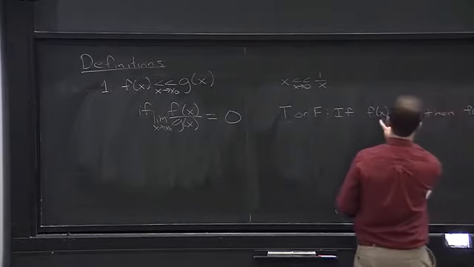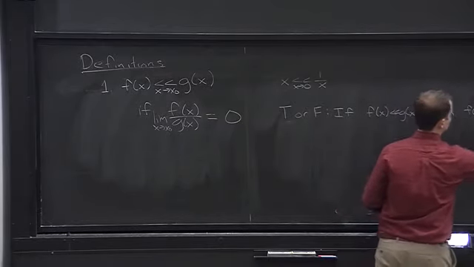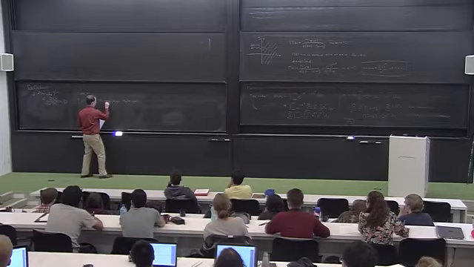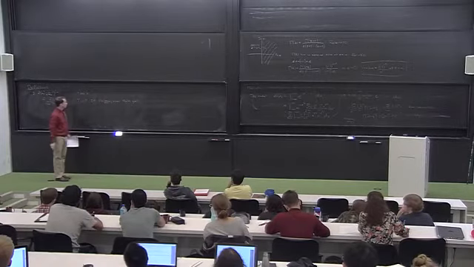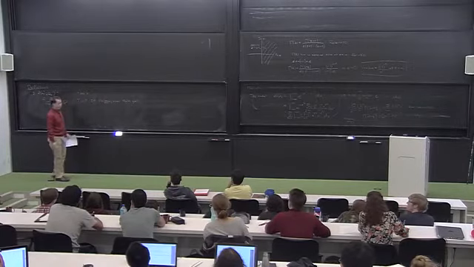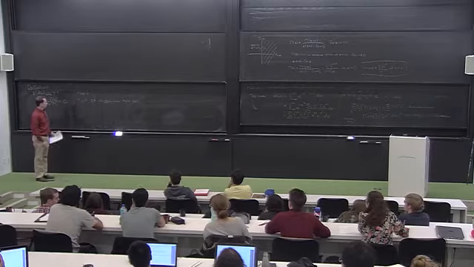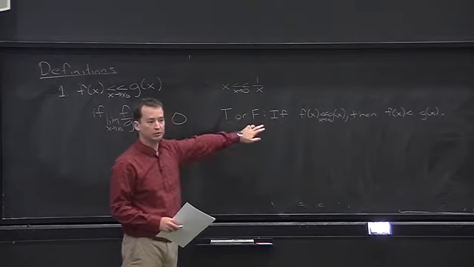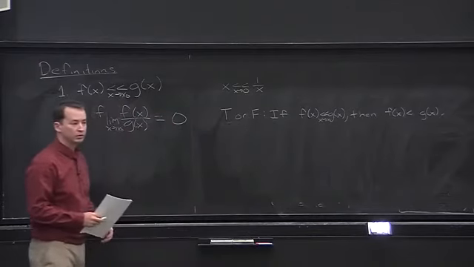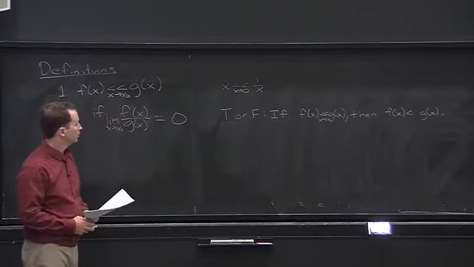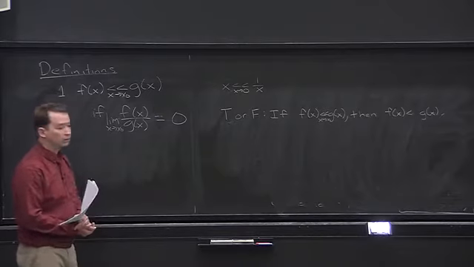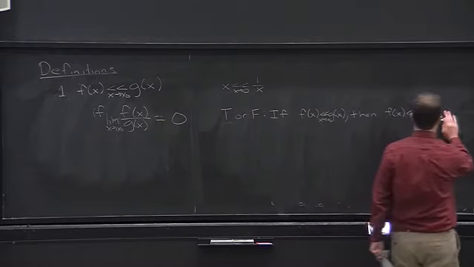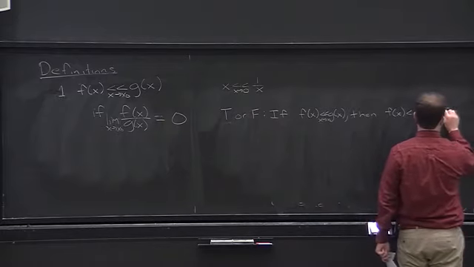If f of x is much less than g of x, as x goes to x naught, then f is less than g. So I'm going to give you a minute to think about this, and determine if it's true or false. If it's false, try to think of a counterexample. Sorry, is the second inequality everywhere, or just as x goes to x naught as well? Let's say for all x.